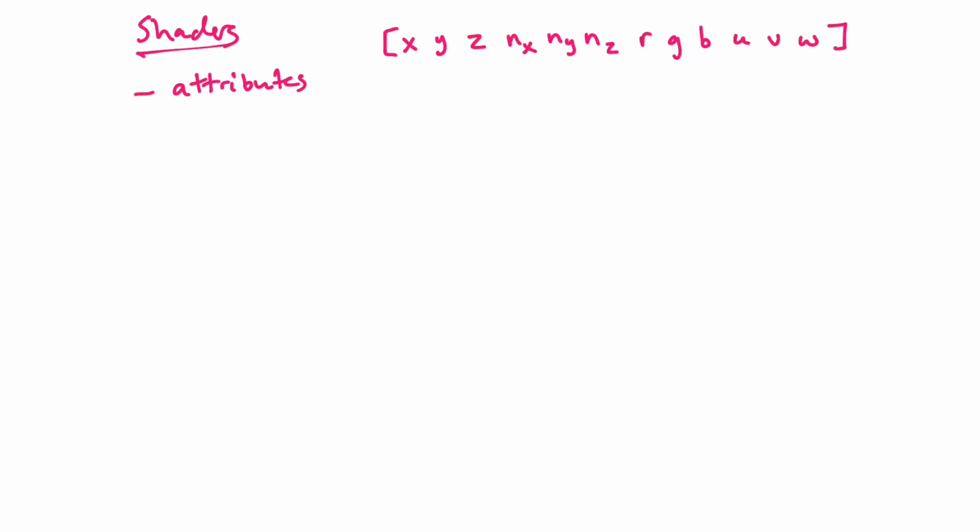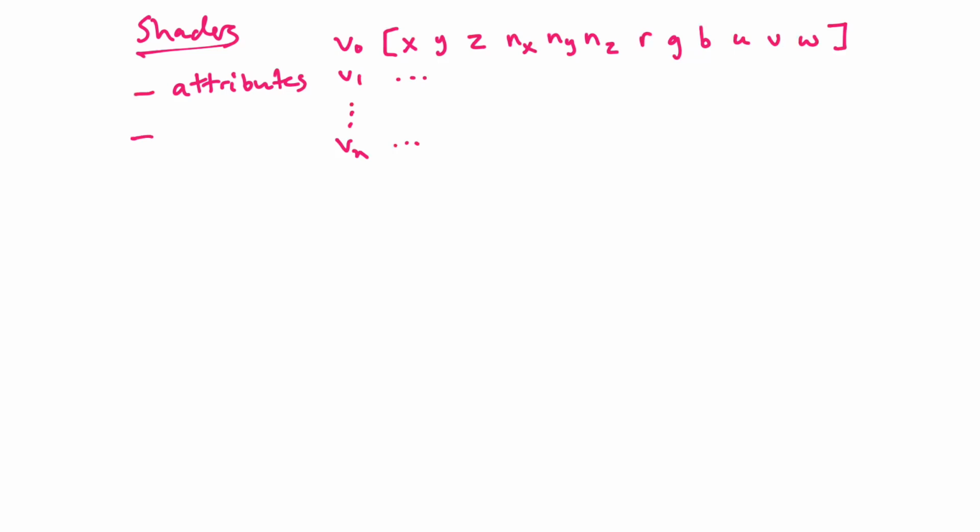And we have an array of these, and this might represent vertex 0, vertex 1, all the way to however many vertices we have. It's just laid out in a giant array. So our attributes are going to tell the shader where we're coming in.